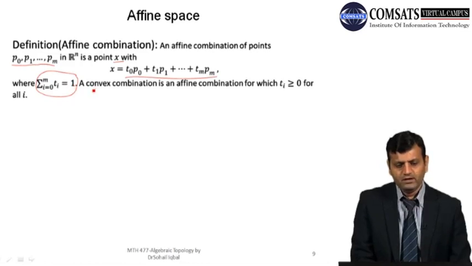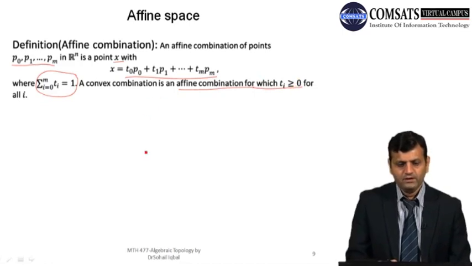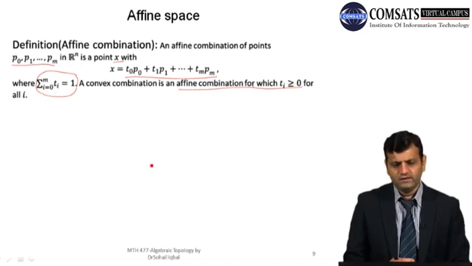Similarly, we can define a convex combination. This is an affine combination with the following condition, that the Ti are all greater than or equal to 0, so they are all non-negative. You can observe that we are running very parallel to the study of vector spaces.